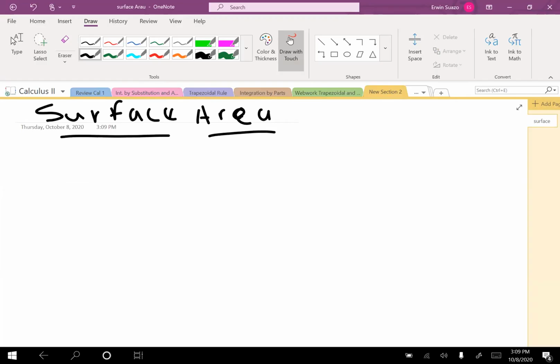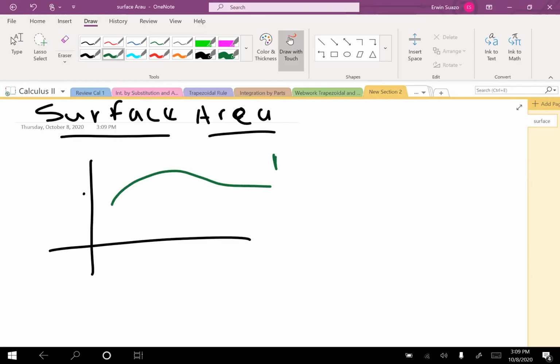Similar to what we had done, we could consider a function f of x and rotate only the function, not the region. I'm not rotating the region. The region is the whole thing, but I'm only rotating the function, that's the graph.